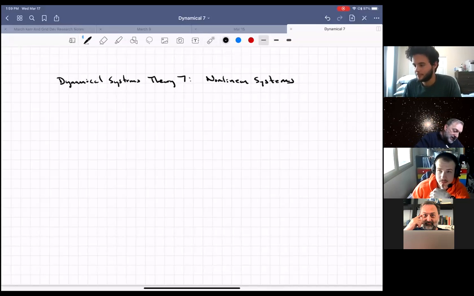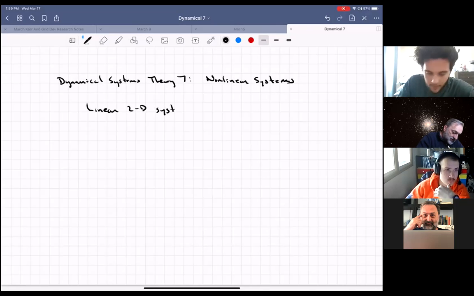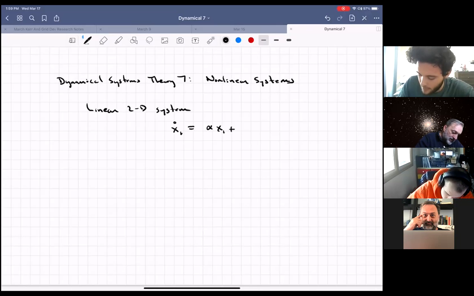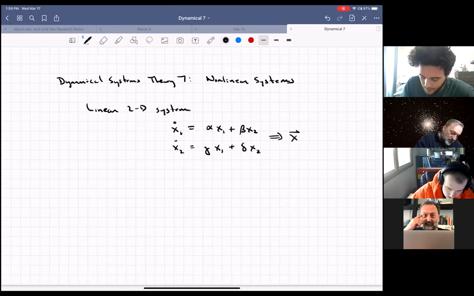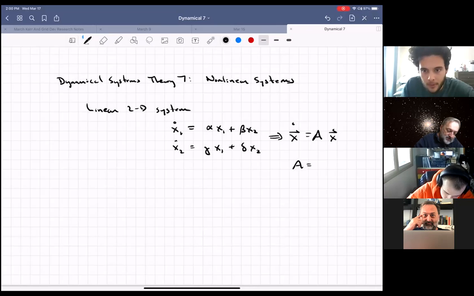So we have been studying linear systems. A linear 2D system has the form x1 dot is alpha x1 plus beta x2, and x2 dot is some gamma x1 plus delta x2, so that we can abstract this to some form like x vector dot is some A times x vector, where A is this matrix alpha, beta, gamma, delta, right?